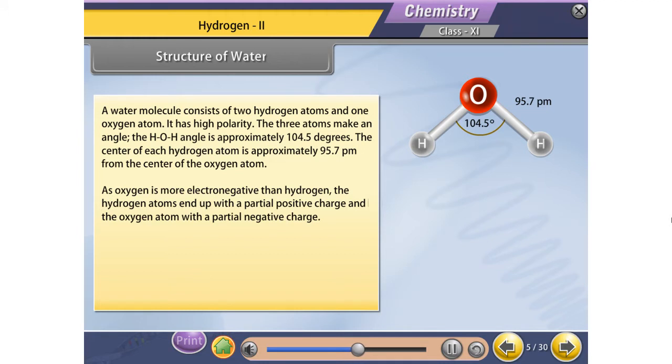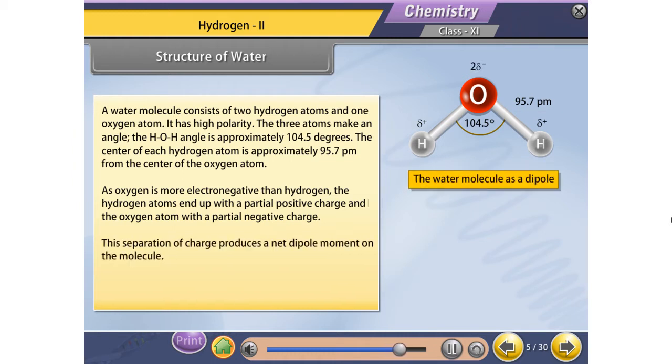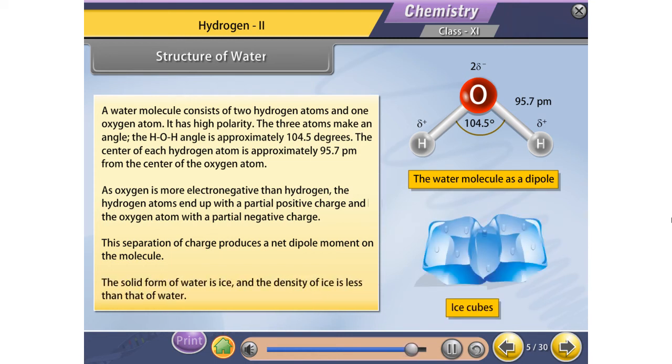As oxygen is more electronegative than hydrogen, the hydrogen atoms end up with a partial positive charge and the oxygen atom with a partial negative charge. This separation of charge produces a net dipole moment on the molecule. The solid form of water is ice, and the density of ice is less than that of water.